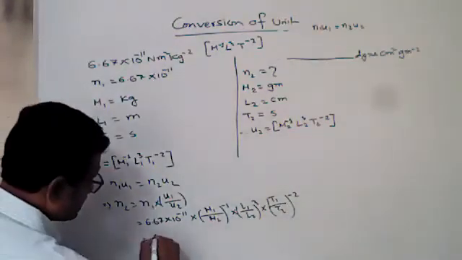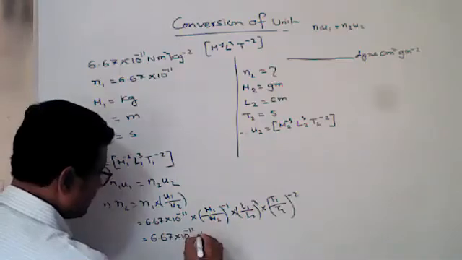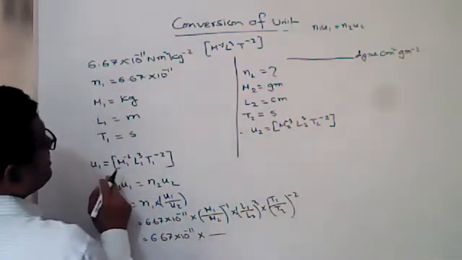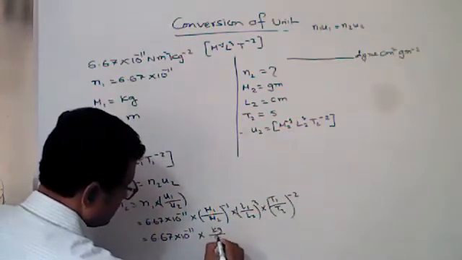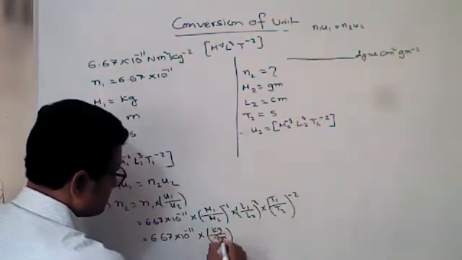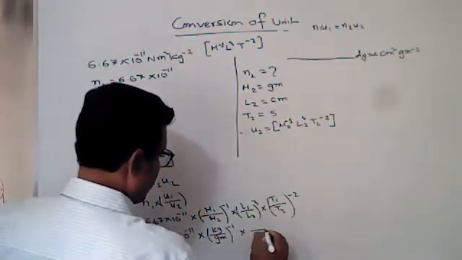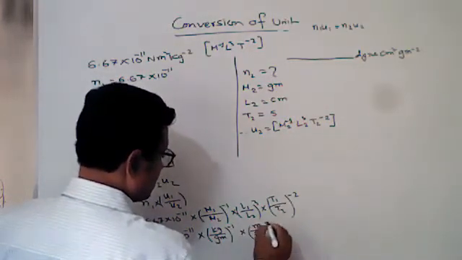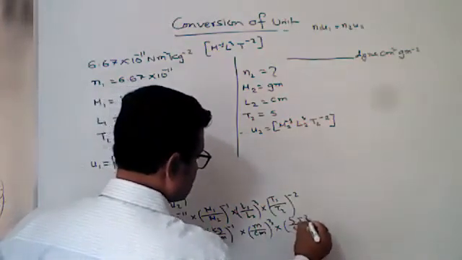Okay. So 6.67 into 10 to the power minus 11 into M1 by M2, where M1 is the kilogram and M2 is the gram, inverse 1. L1 is the meter, L2 is the centimeter, power 3. Second, inverse 2.